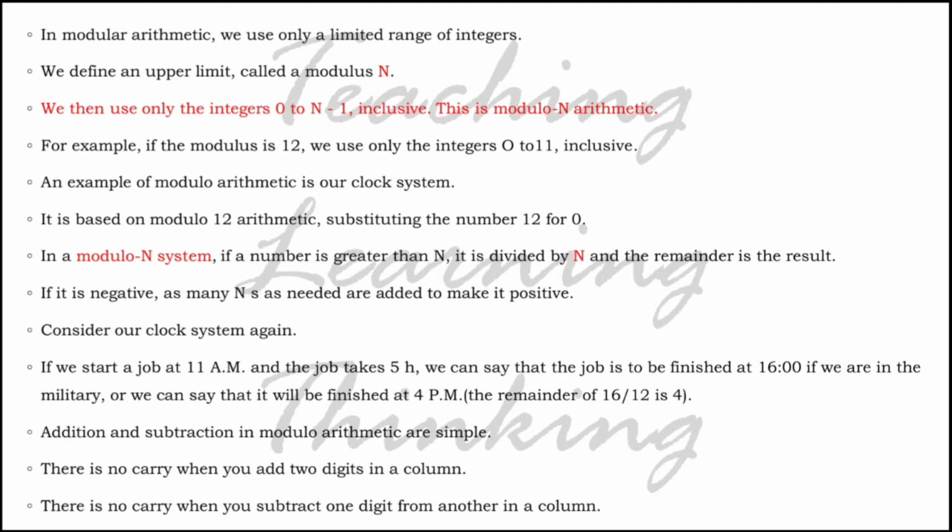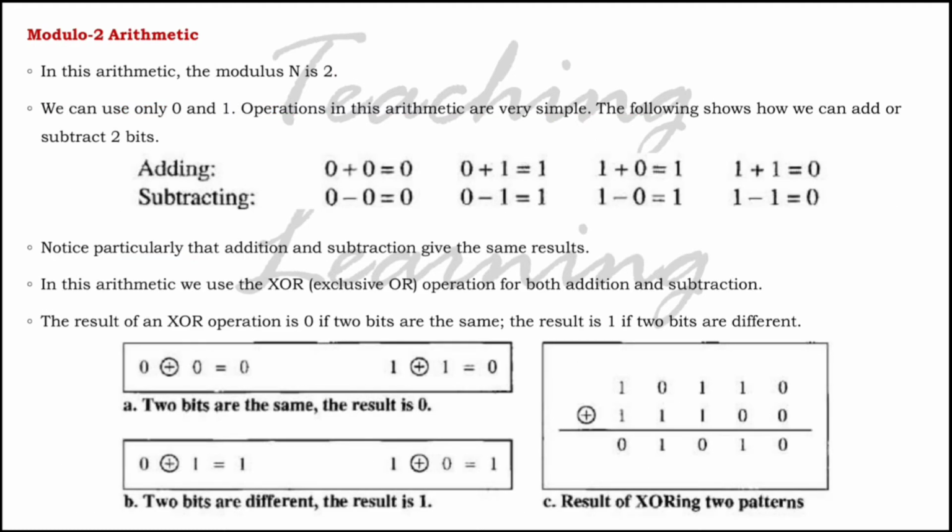Addition and subtraction in modulo arithmetic are simple. There is no carry when we add two digits in a column, and no borrow when we subtract one digit from another in a column. We have discussed modulo n arithmetic; now we are going to discuss modulo 2 arithmetic.